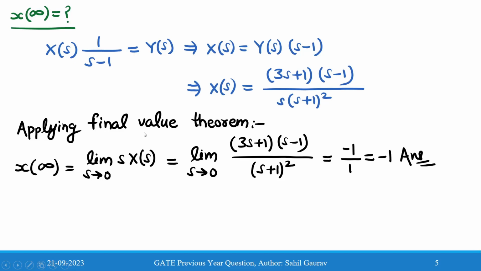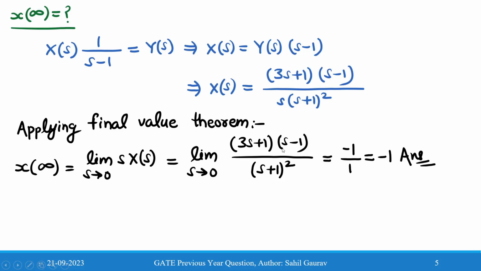Again we have to apply the final value theorem to find x infinity, because this function is given in the s domain, so we cannot directly apply t tends to infinity. Taking the limit as s tends to 0, s cancels out, and on putting s equal to 0 the numerator is minus 1 and the denominator is 1. So the final value will be minus 1.